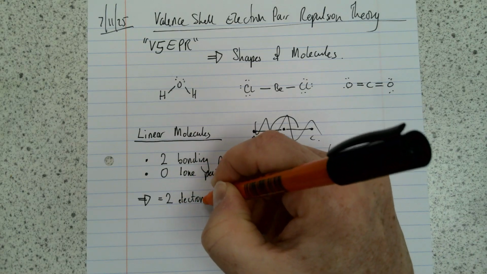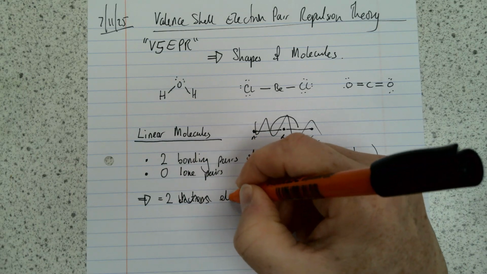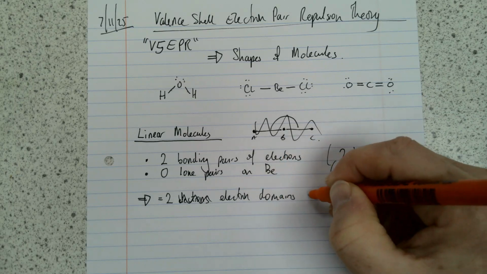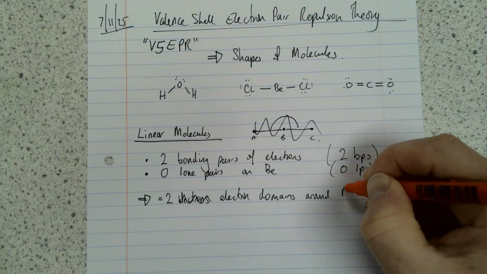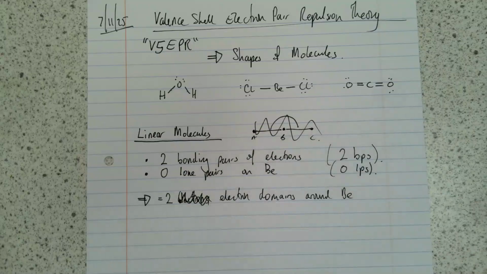I'm getting to the explanation in a minute. So there are 2 electron domains around beryllium. Okay, so we might be picking up marks along the way here by saying how many BPs, how many lone pairs, and how many electron domains in total there are.